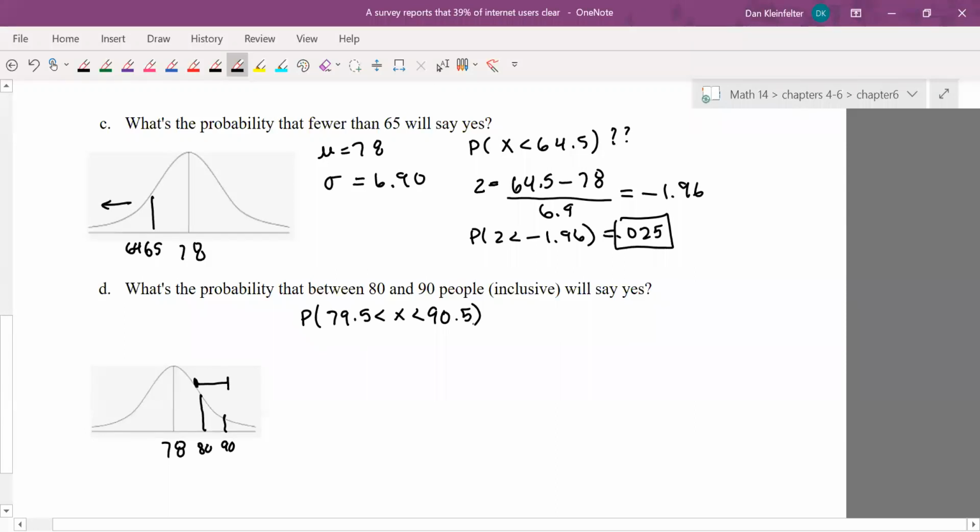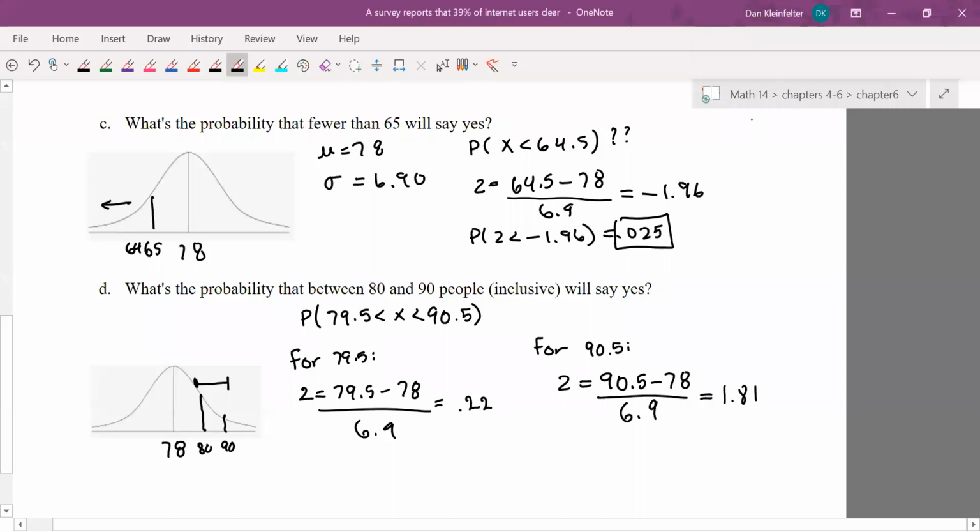Values in that interval are going to get rounded to numbers in between 80 and 90. So that's what we need. We're going to have a z-score for each one, and then we'll end up subtracting as we did before. So let's go ahead and do that.